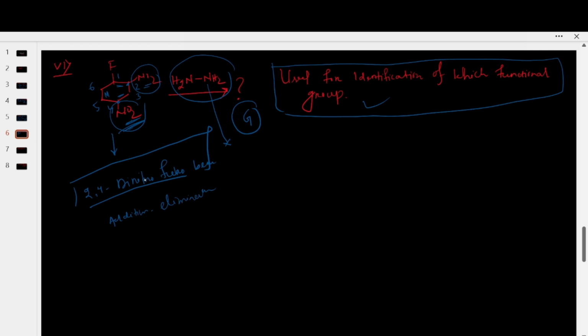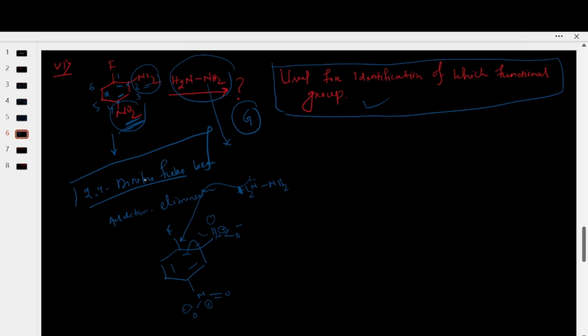So how is the addition elimination mechanism followed? See, here it is your nitro. So hydrazine acts as a nucleophile here. It will attack the carbon containing fluorine, the leaving group. Then the double bond will migrate.